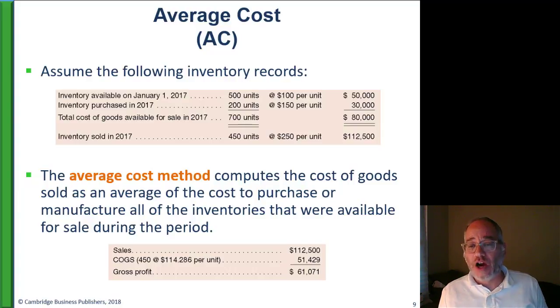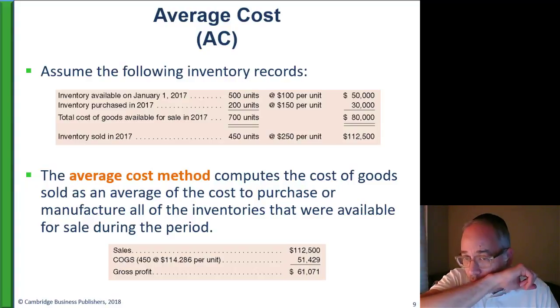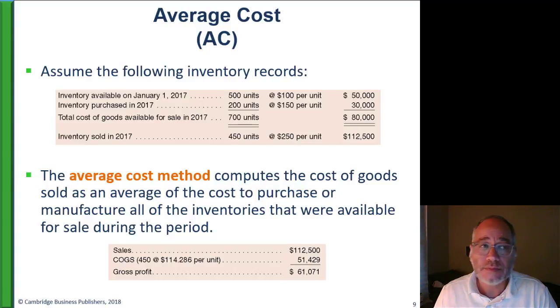Another method is called average cost, and this is something between LIFO and FIFO. What it does is figure out what everything costs on average. I'm going to have to show you how they calculated this.